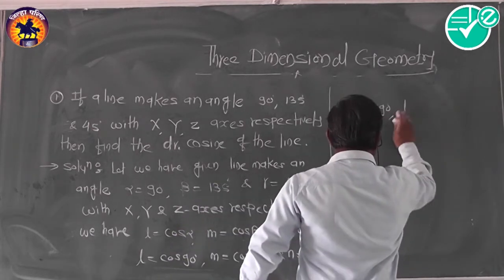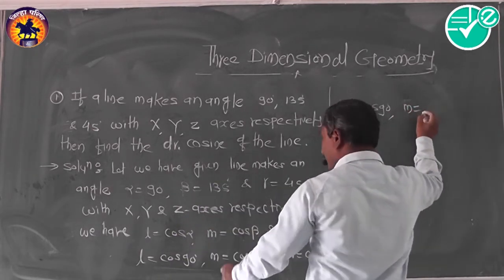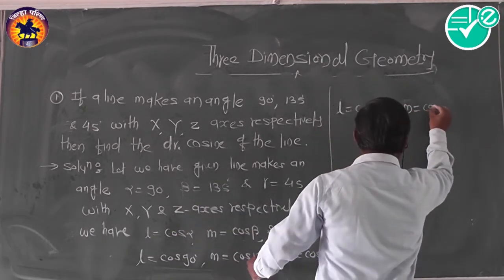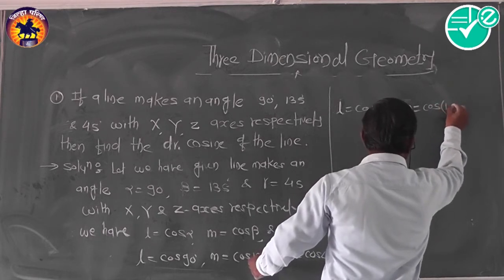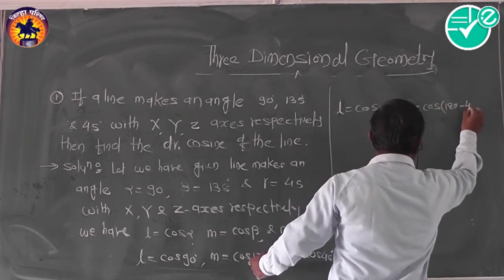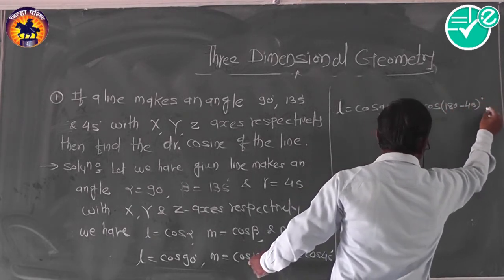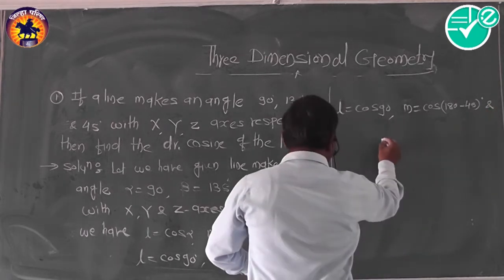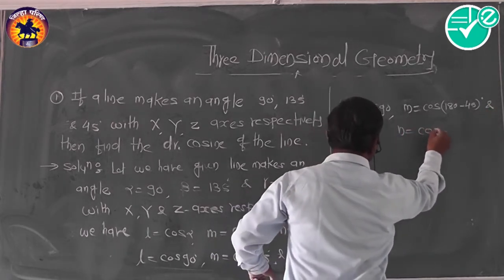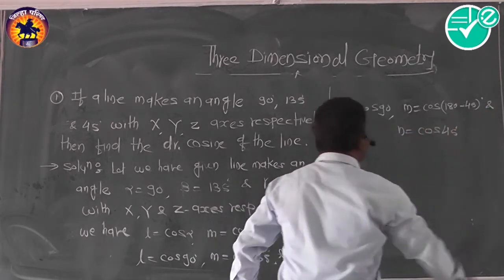Now here, m is equal to what? That is cos 135, which we can write as cos of 180 minus 45, and n is equal to cos 45.